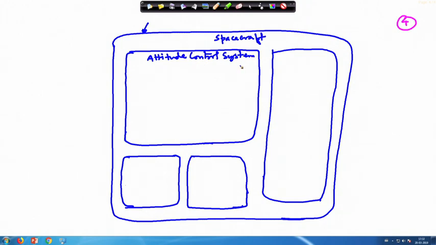So, your attitude control system, which is inside the body, just like the control moment gyros, these are called momentum transfer devices. While here, if you look at the thrusters, I can have a thruster here in this place, and a thruster here in this place; this produces thrust and this produces thrust.